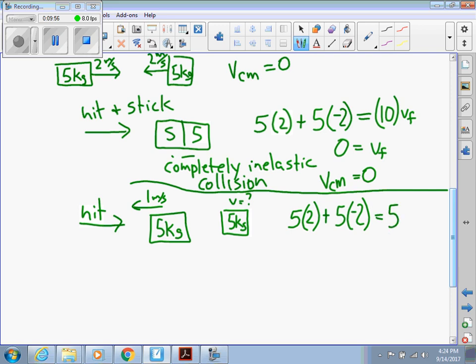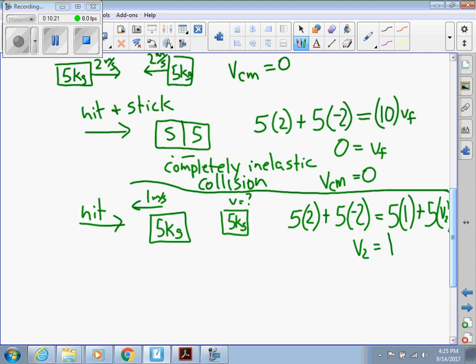So now our first object has a velocity of 1. And we want to figure out what's the velocity of our second object. So we have v2 prime. So when we solve for v2, we get 1.